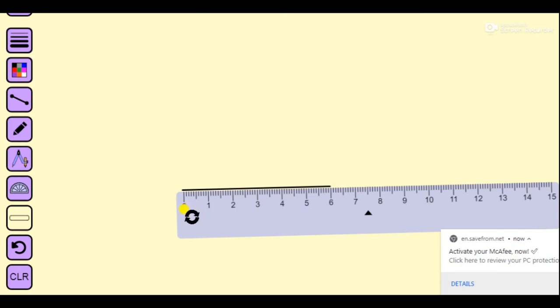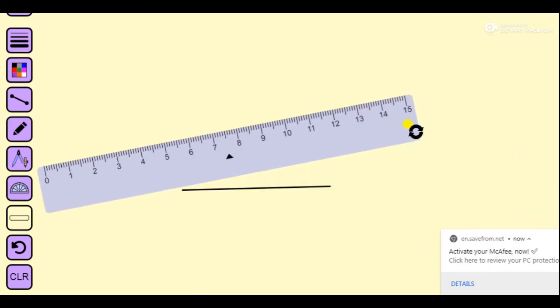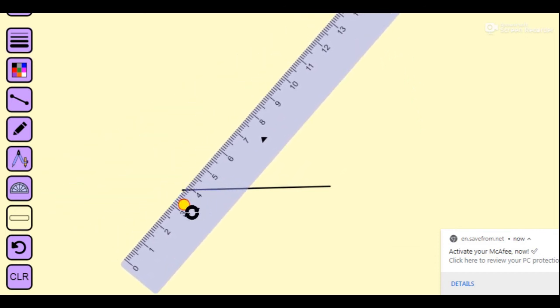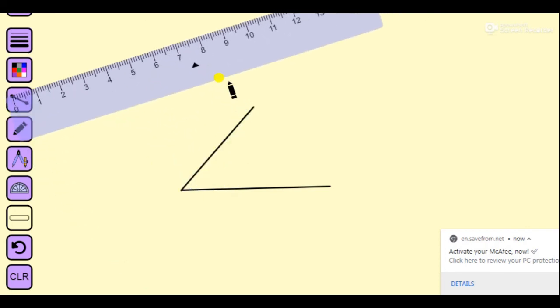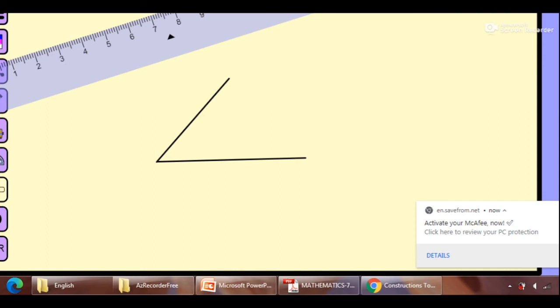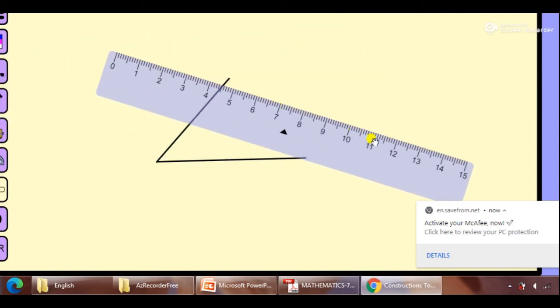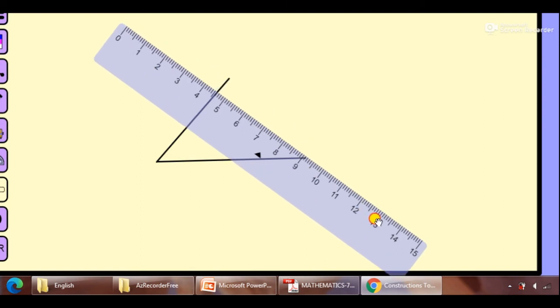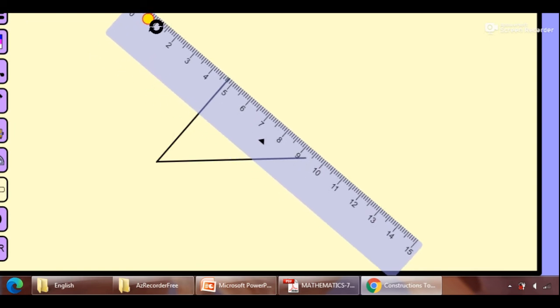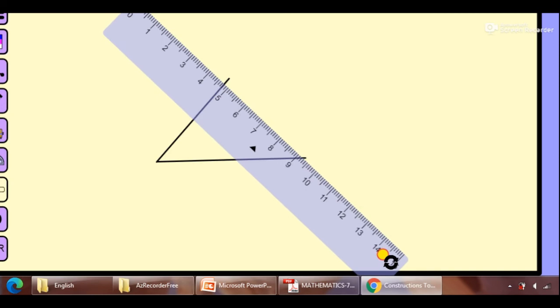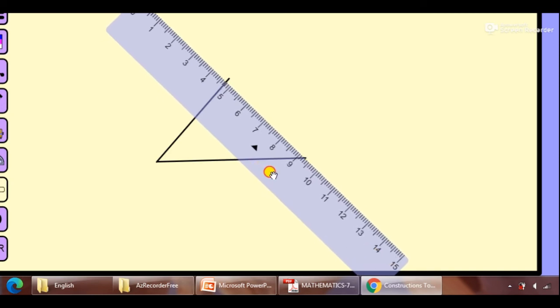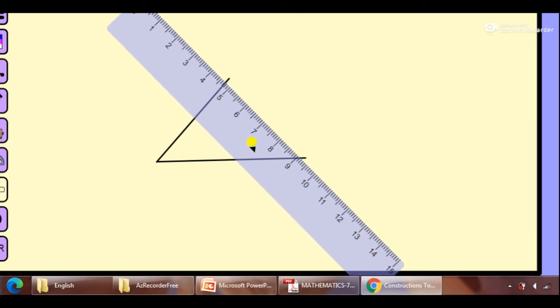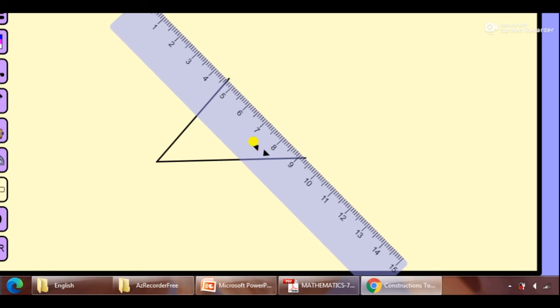Now once again make this type of angle. It is the second line, and now come to the third line, and to make the triangle, draw a line.